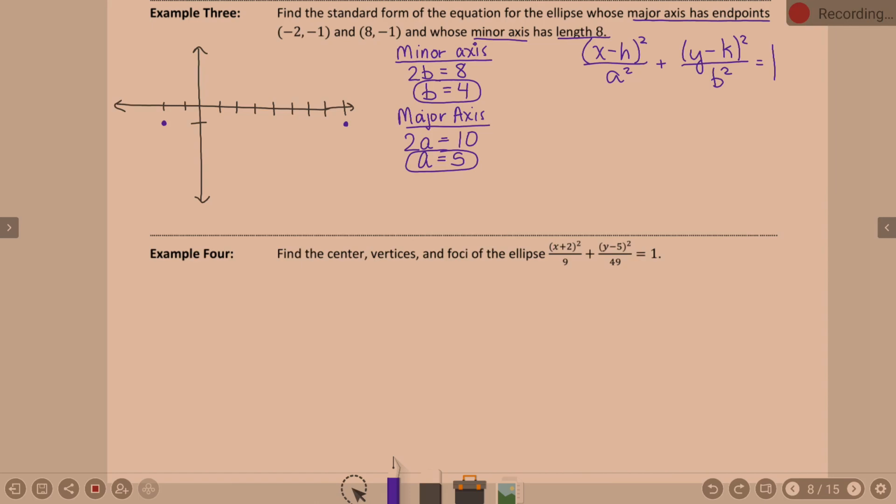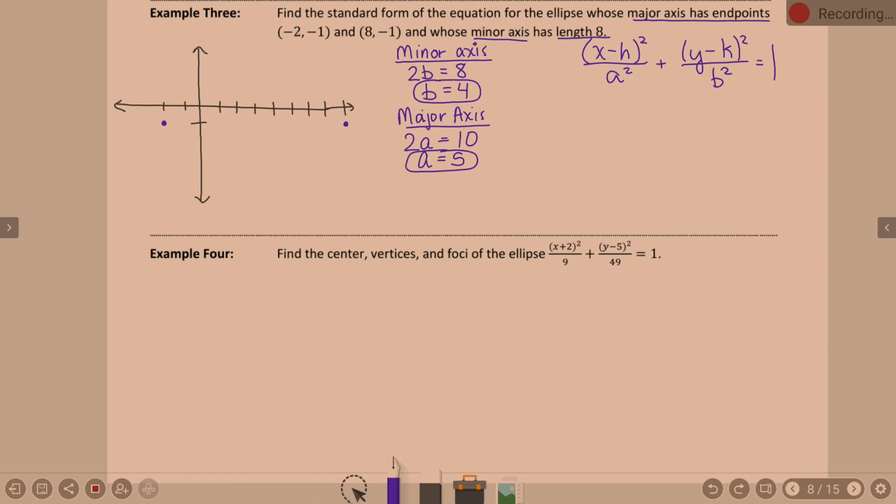We haven't talked about it. They gave us these major axis endpoints. I need to throw out that vocab word. What is the vocab word for major axis endpoints? Vertices. The ends of your major axis are your vertices, because then the foci are what's just inside, and vertices and foci are both on the major axis. Okay, so they like to do that.